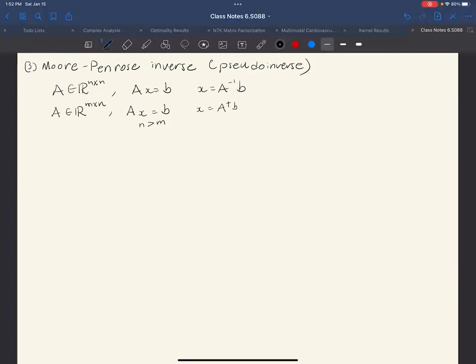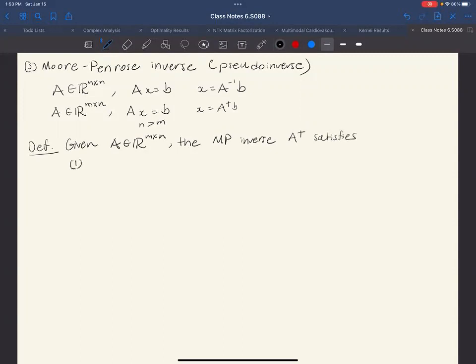So technically, let's write out the definition for a pseudo-inverse first. Okay. So given A in m by n, the Moore-Penrose inverse, A dagger, satisfies the following properties.